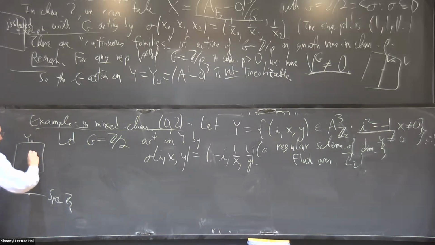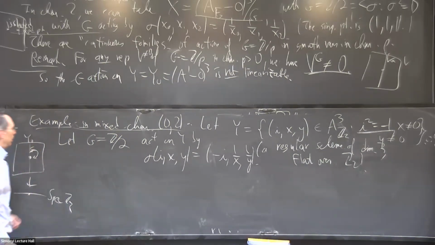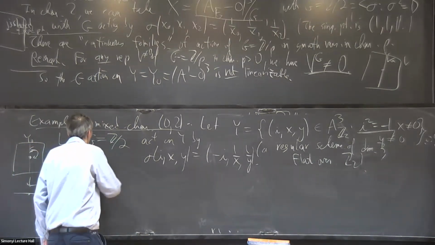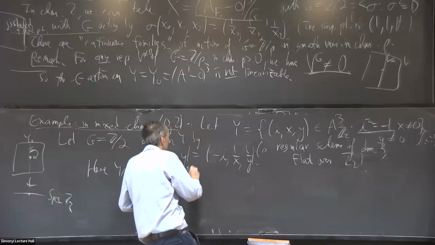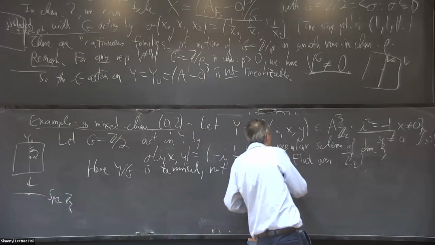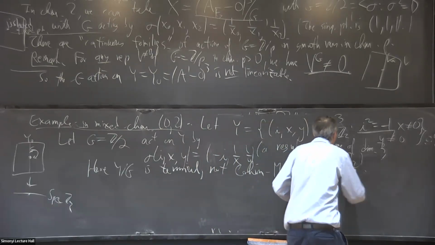And for this group action, there's an isolated fixed point, which is only in characteristic 2. So again here, my quotient is terminal, not Cohen-Macaulay. And just to say the other basic properties, it has dimension 3 and it's flat over Z[1/2].